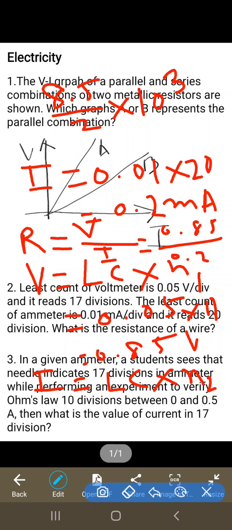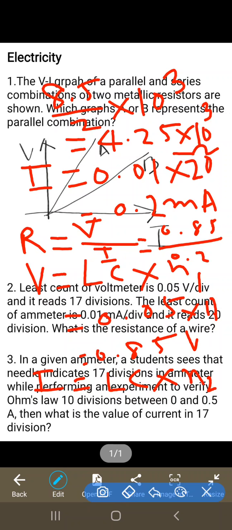So this reading will be 4.25 into 10 to the power 3 ohm, or 4.25 kilo ohm. Here in this question the answer will be 4.25 into 10 to the power 3 ohm or 4.25 kilo ohm.